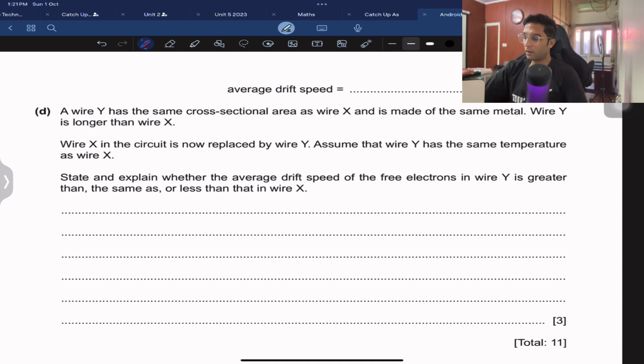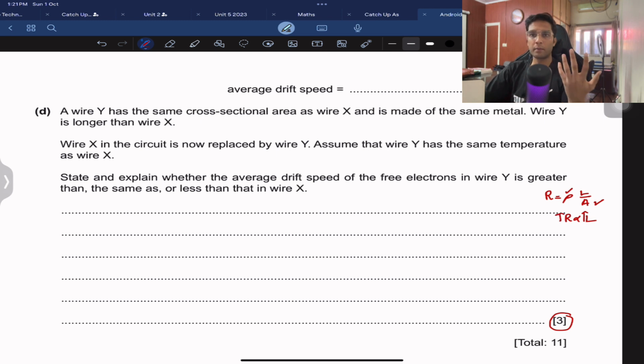Now, usually a 3-mark question scares me a lot, so I pre-plan this in my head. I know for a fact that resistance is given by rho L upon A. If they have the same cross-sectional area and the same material, then resistance is proportional to length, which means if you increase the length, like in this one where you have a longer length, the resistance should increase.